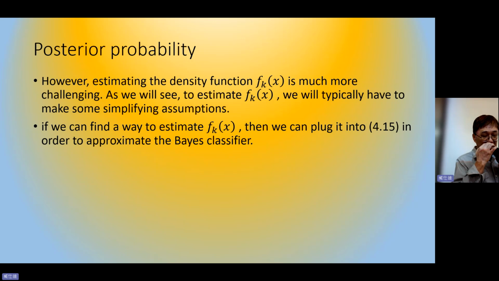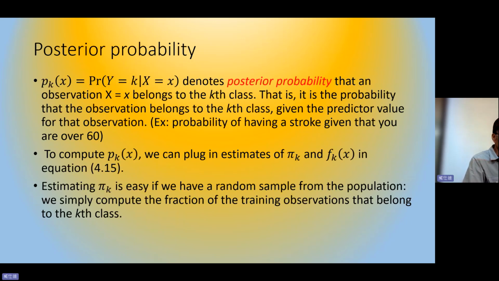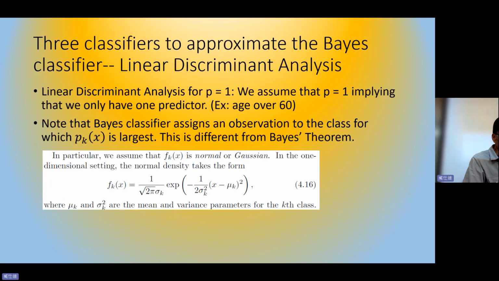in applying the Bayes probability. Usually we have many different assumptions. The easiest assumption is linear discriminant analysis.